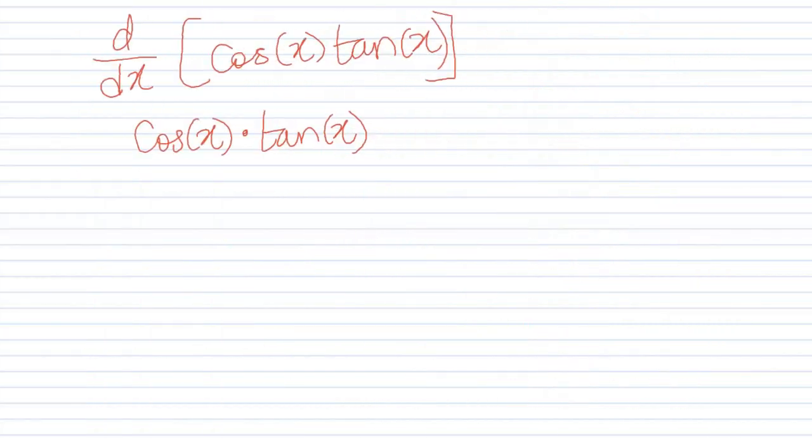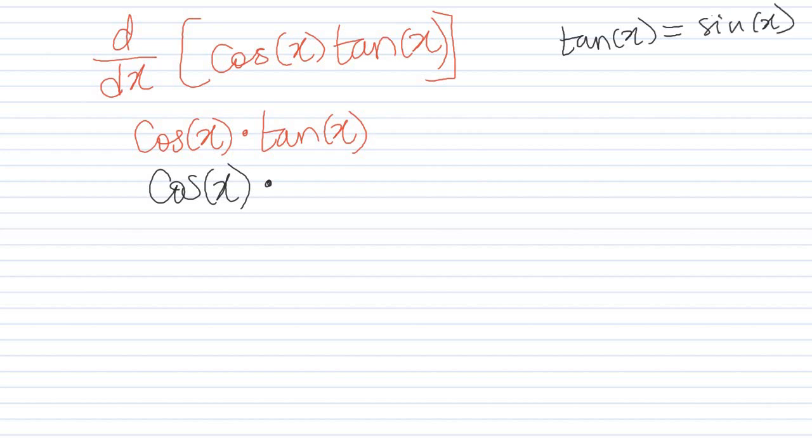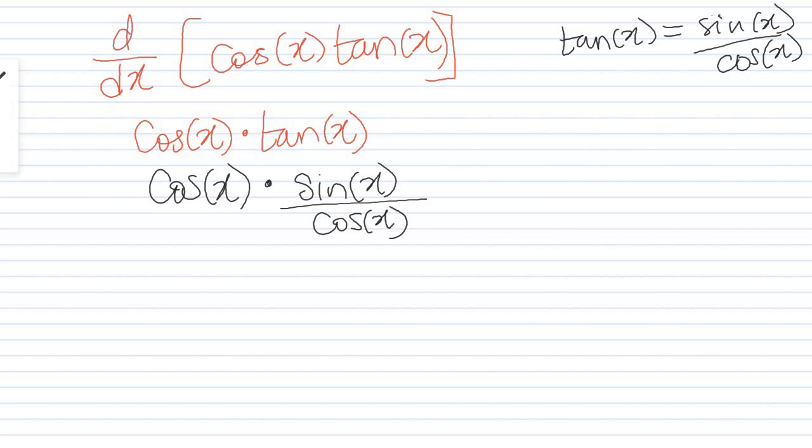So the shortcut method is going to be cosine x, okay, multiplied by, we know tan x equals sine over cosine, sine x over cosine x, right? So you have sine x, okay, over cosine x. Does that make any sense? So you can cancel this out. Cosine x, you can cancel out cosine x. So this will be sine x.